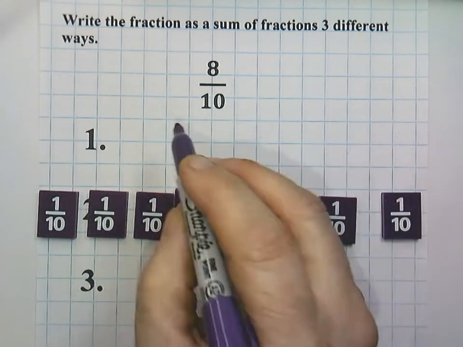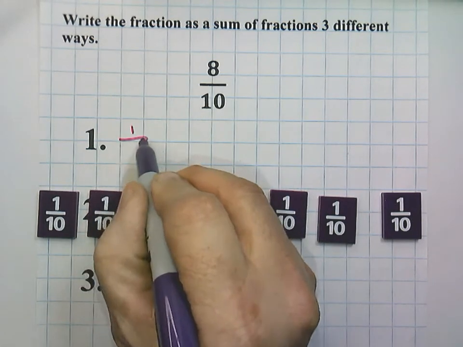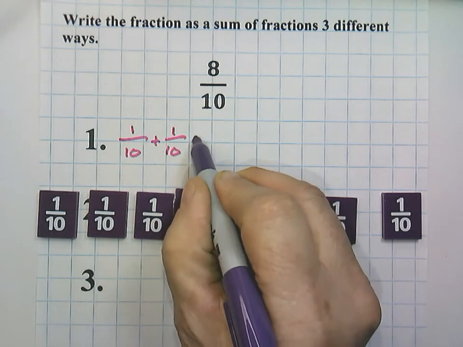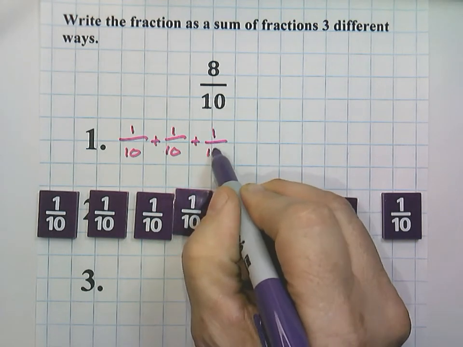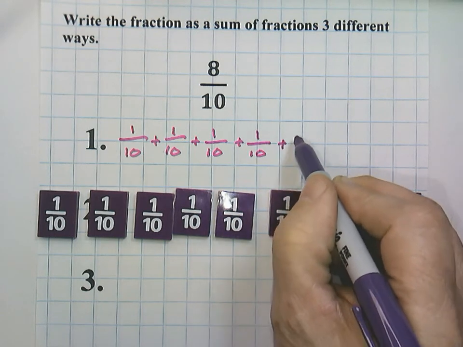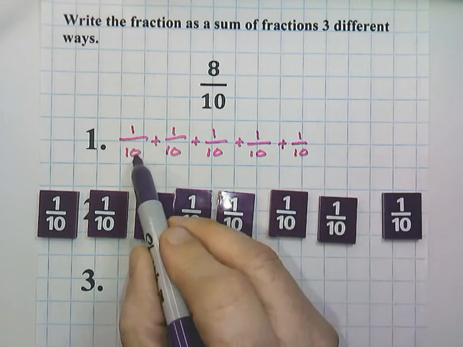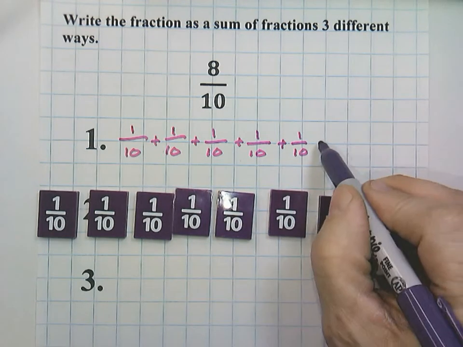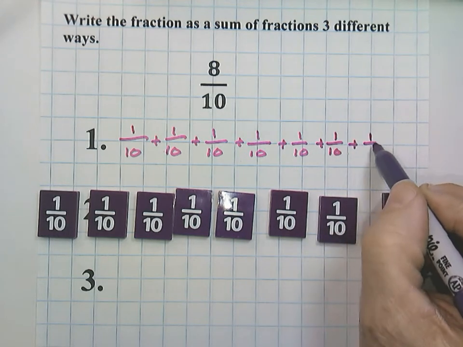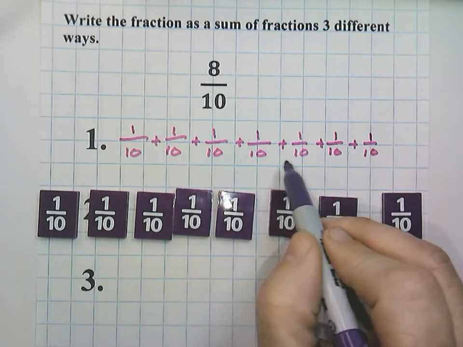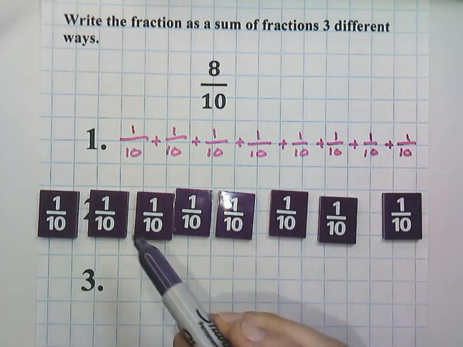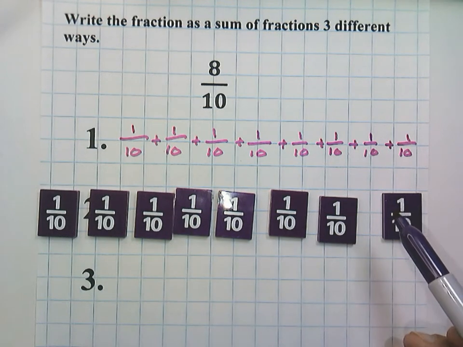So in other words, it's going to be 1/10 plus 1/10, plus 1/10, 8 times in all. 1, 2, 3, 4, 5, 6, 7, and one more time. So that's one way we could write that. And we're just kind of separating. That's what we're doing with our unit fractions.